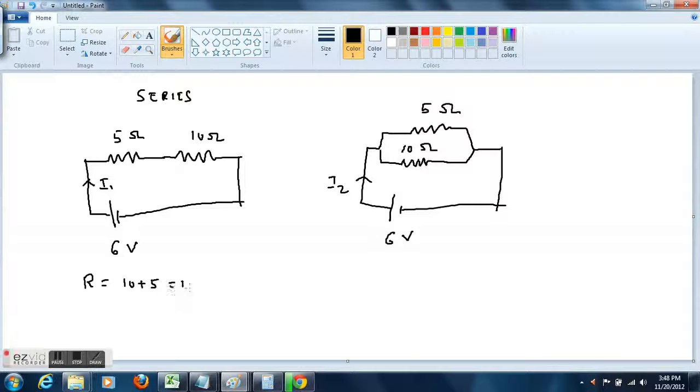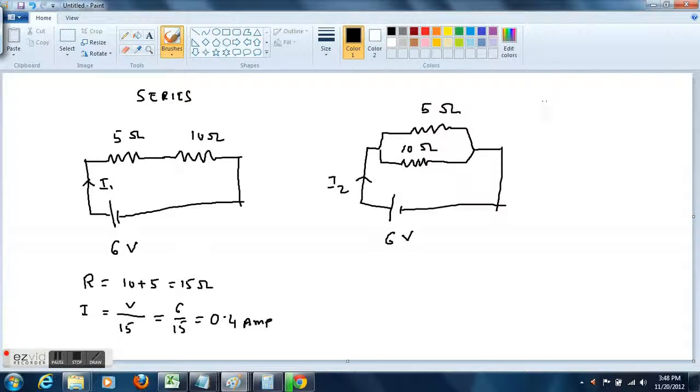Now resistance in the series is 10 plus 5, that is 15 ohms. Therefore current flow is potential difference upon resistance. Potential difference is 6 upon 15, which is 0.4 ampere.